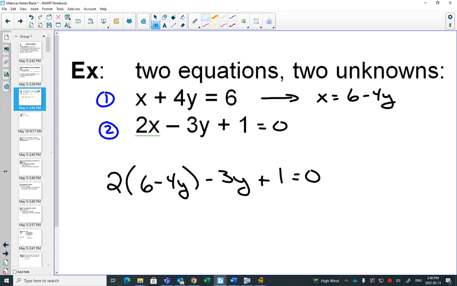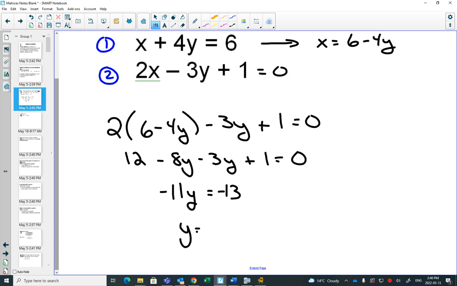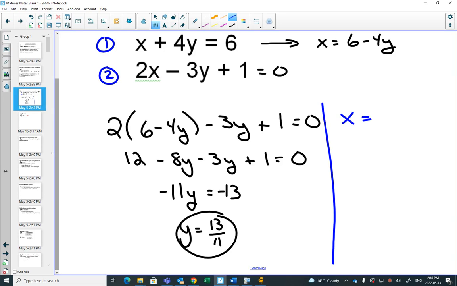Then it's just a matter of solving for y. Here you'd get 12 minus 8y minus 3y plus 1 equals 0. Negative 11y, I'll move the 13 to the other side. And you would get y is equal to 13 over 11. If y is equal to 13 over 11, you can now find x. We know that x is equal to 6 minus 4y.